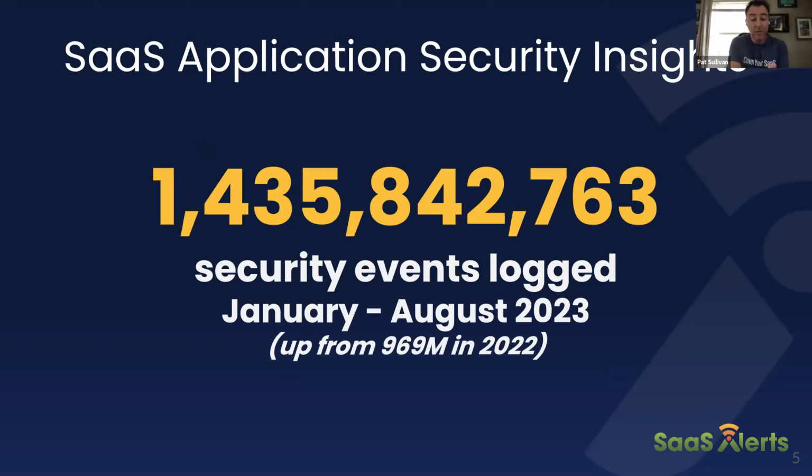We've grown so much, up from just under 10 million in 2022 to 1.4 billion. We're pulling all this information and anonymizing it in the SASI report, giving you an easy to read, consumable report you can share with your customers. That's just an idea of how much we're tracking under the hood. Next slide.